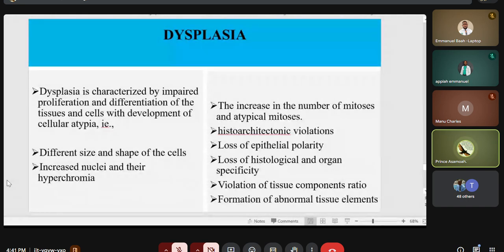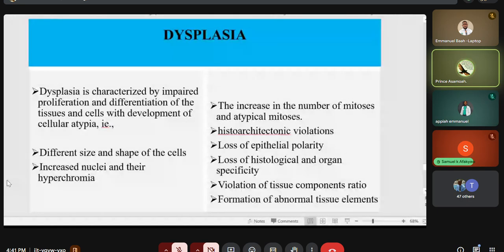The cells that are dividing, there's a problem with it, or the stem cells that should take over the work of cells that are dying, there's an impairment there. Either there's a problem with the shape, the sizes, or their nuclei, whatever it is, there's a problem with the cells. Proliferation, differentiation, and dysplasia results.